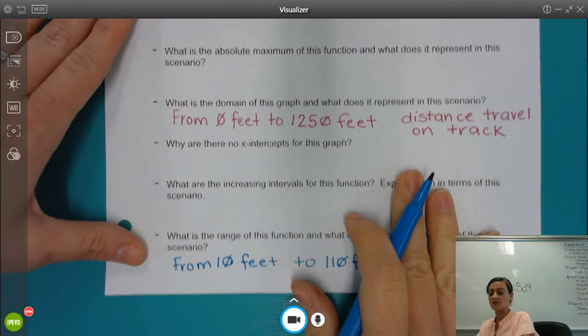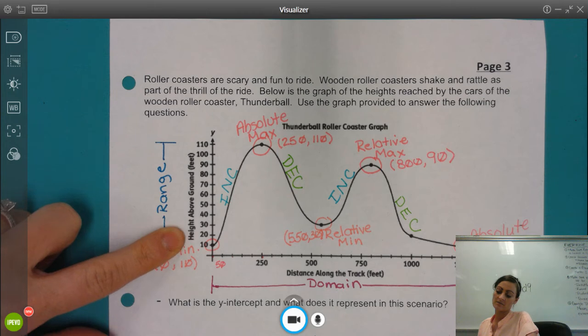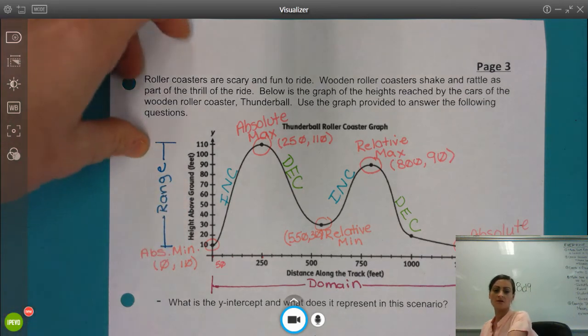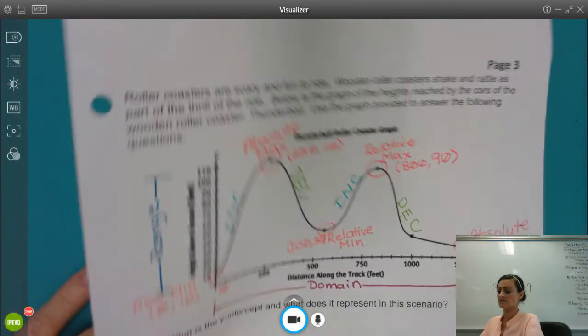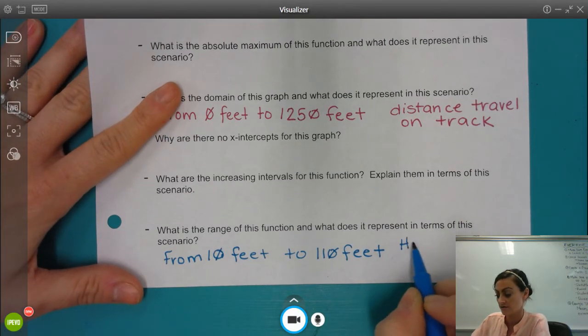And if I go back and look at my graph, what this represents is the height above the ground. So our range tells us how high above the ground the roller coaster car is.